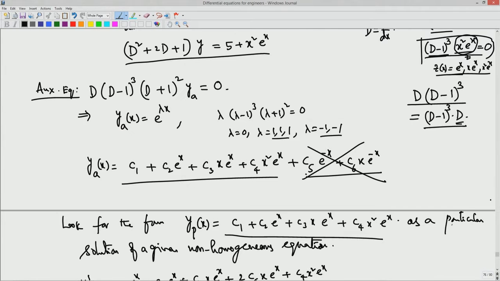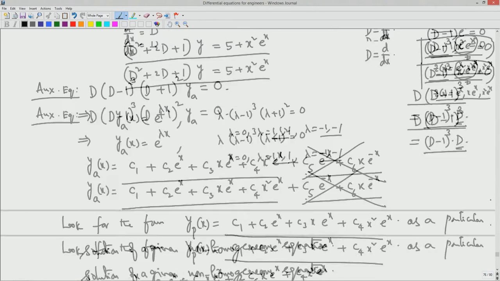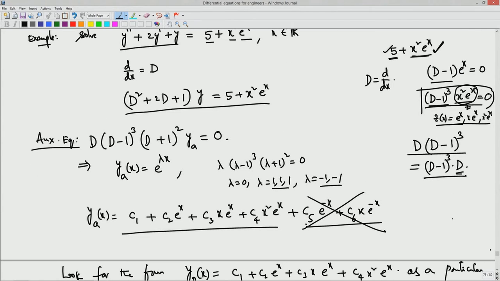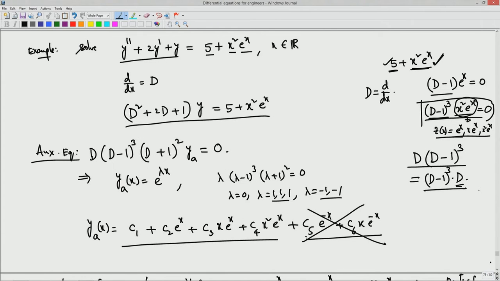So, the method is pretty simple, only you have to understand how it is done, the procedure, just have to look at the procedure. Okay. So, you look at the algorithm, take the equation, annihilate it with an operator.